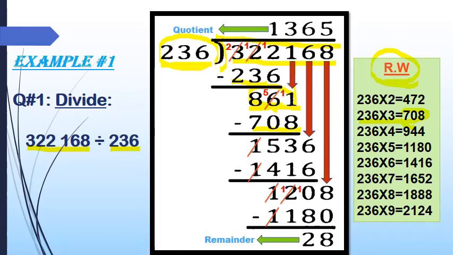So now subtract it and then follow the same method in the next two steps. But here 28 is left. This is called the remainder. And 1365 is the answer and is called the quotient.